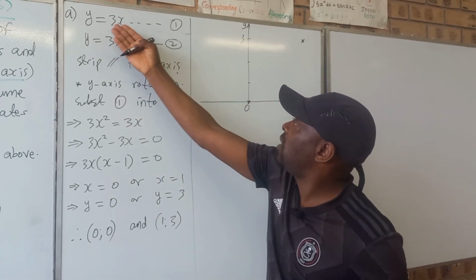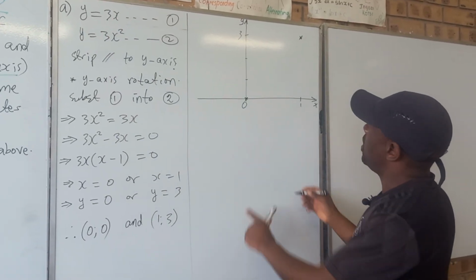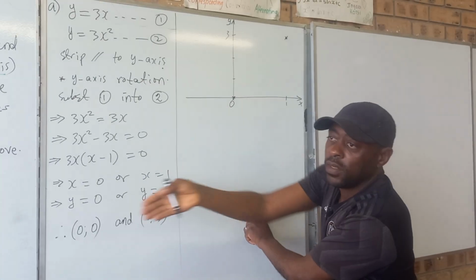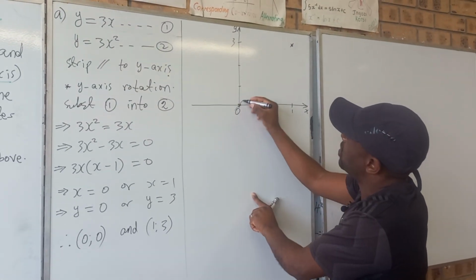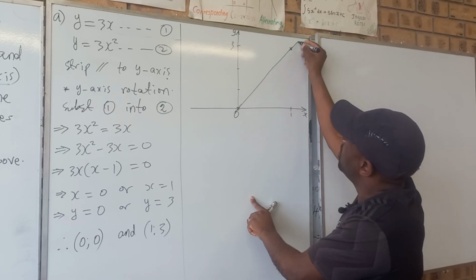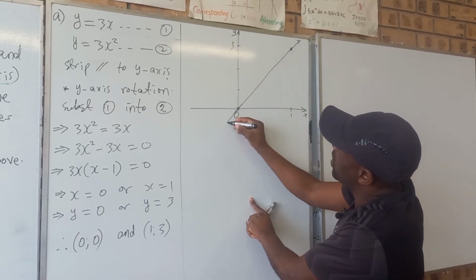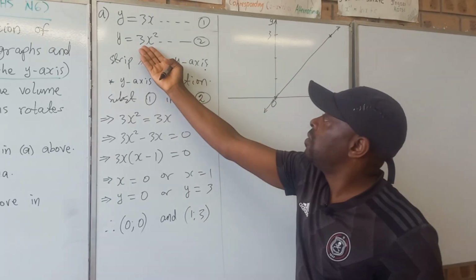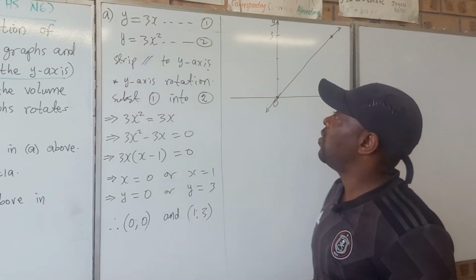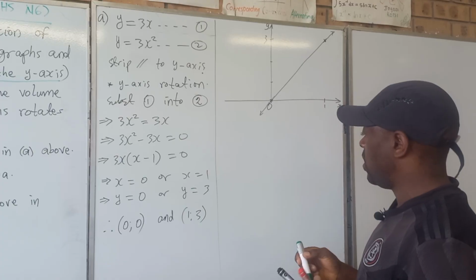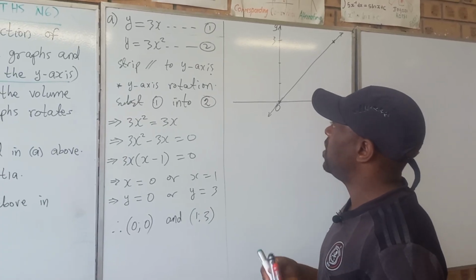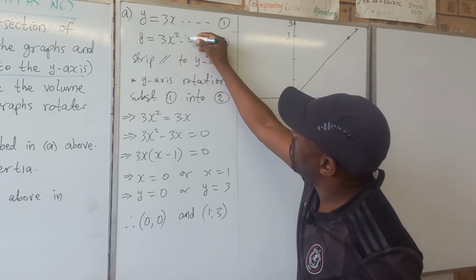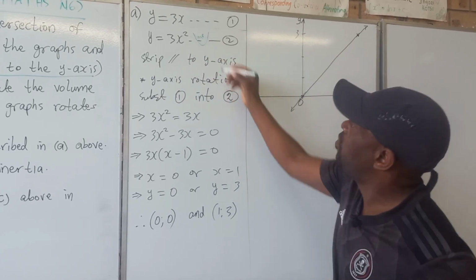So the first graph, we can see that's the standard equation of a straight line. So what I need to sketch a straight line is just 2 points, which I already have in the points of intersection. So I just link those 2 points with a straight line. I'm done with my straight line. Then if I go to the parabola, you see that's our parabola. From our knowledge of the parabola, that should be what we call the smiling face, which means we expect it to go like that since our a is equal to 3, being positive.